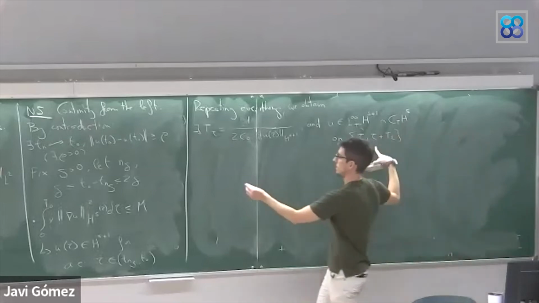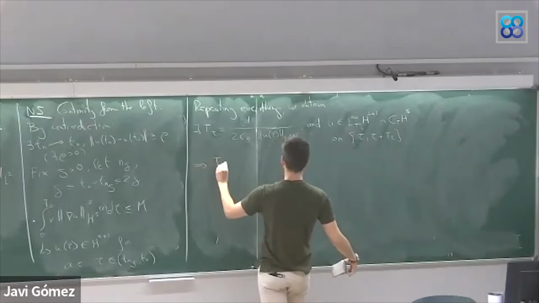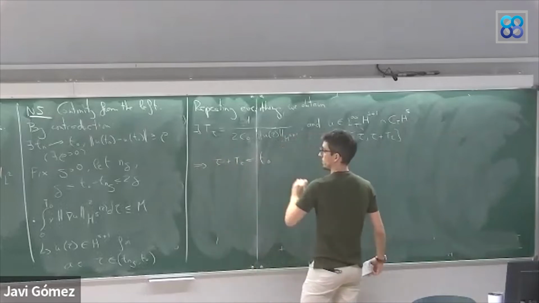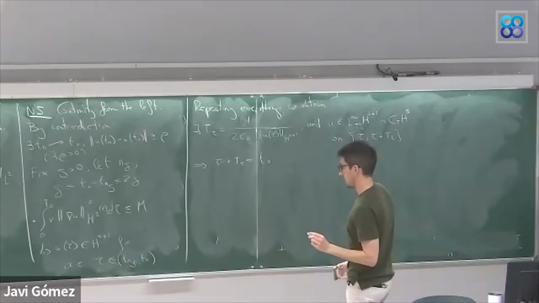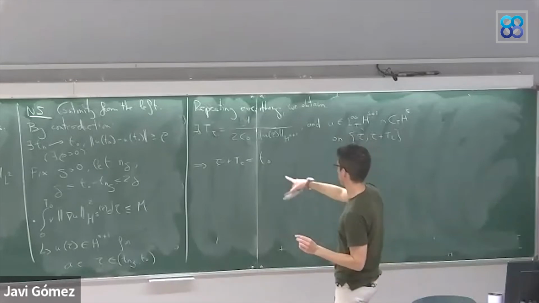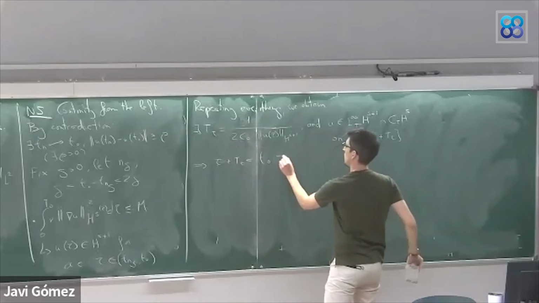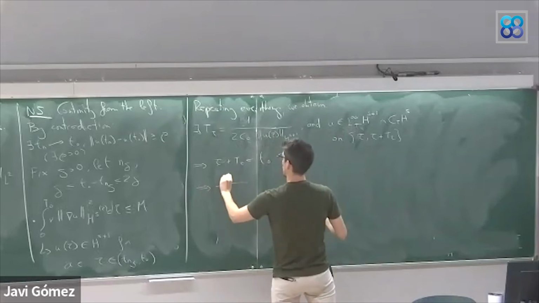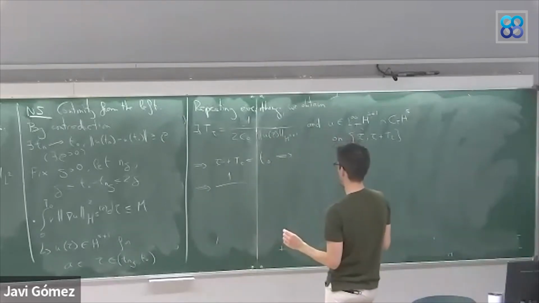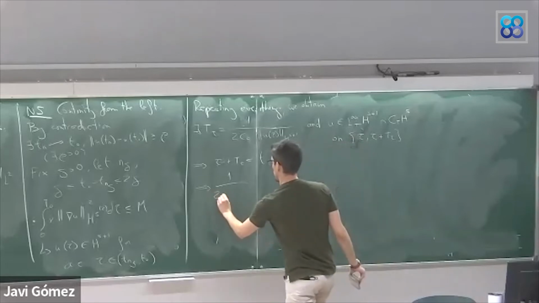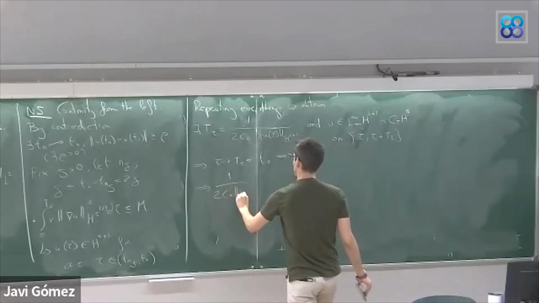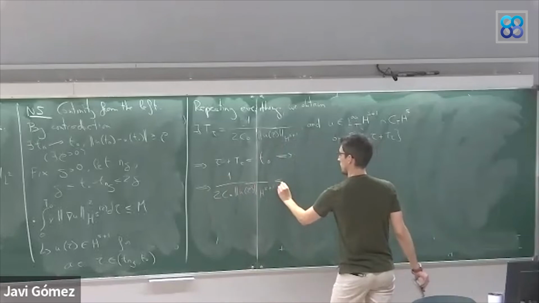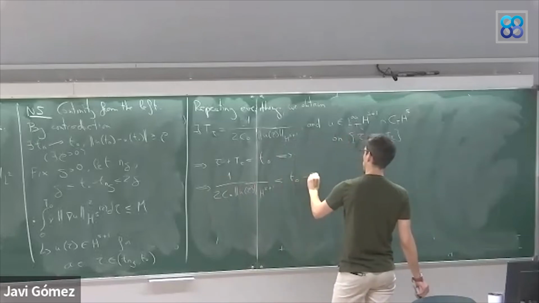So assume that not, so we have that tau plus T tau has to be smaller than T naught. And we have the expression of T tau, so I'm going to put what it is. This is less than T0 minus tau.